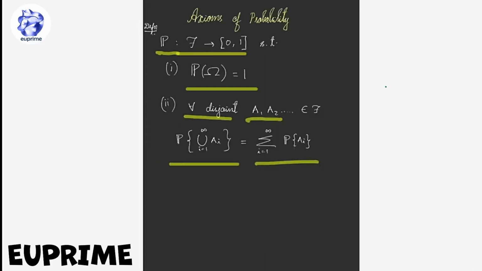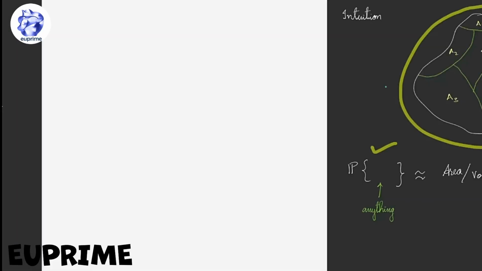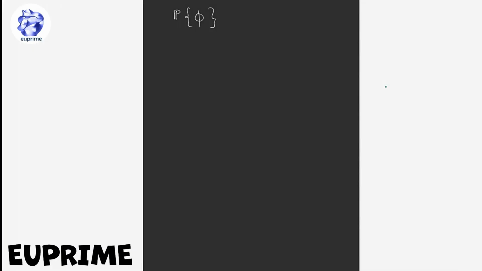The key thing to understand is that from the axioms we have, we know that the probability of omega is 1. So we only have two axioms. Previously we looked at axioms of events, and this time it's axioms of probability. So we can rewrite omega as omega union null set.